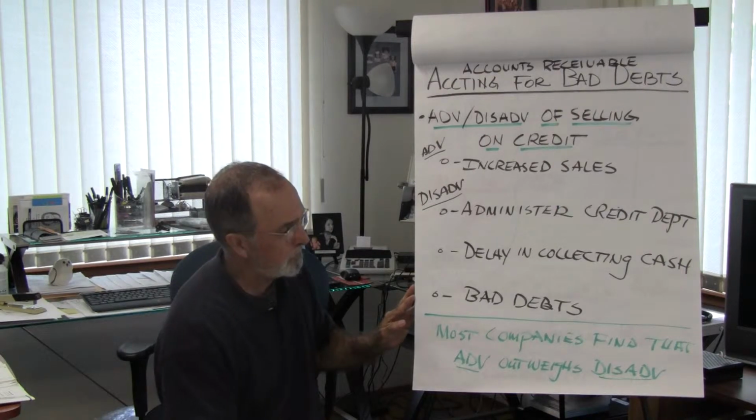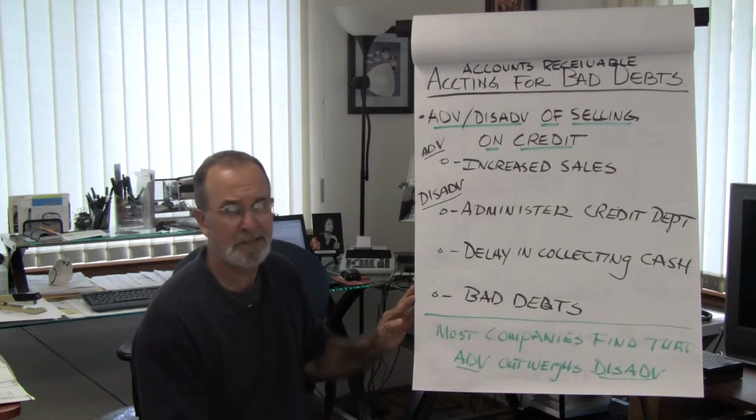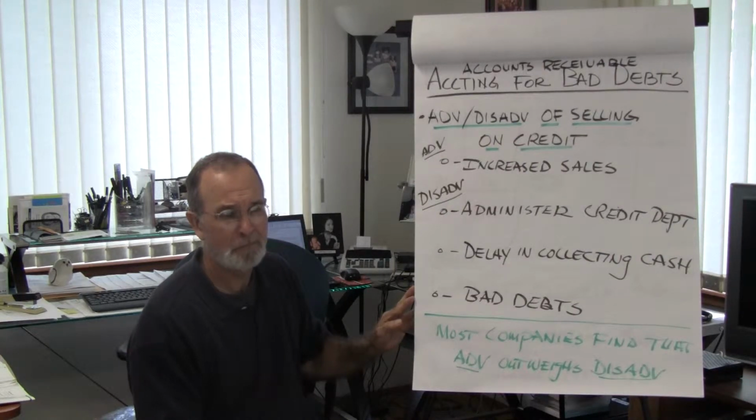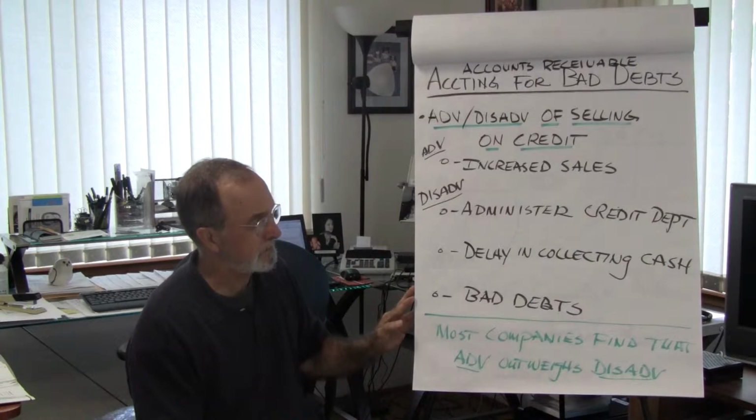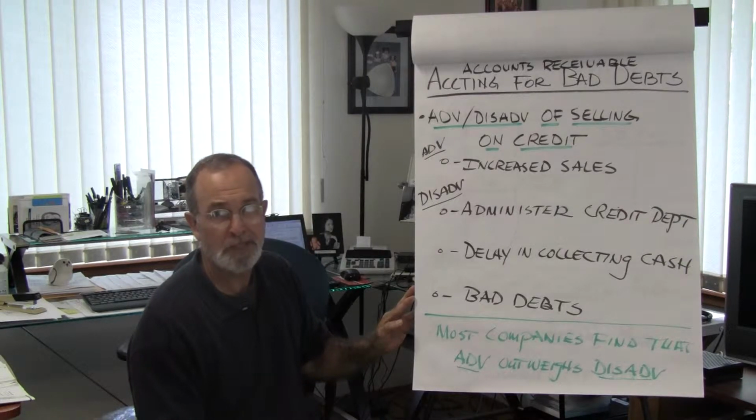And probably the biggest disadvantage, and pretty much a fact of life for companies that offer credit, especially large companies, is that there will be bad debts. There will be some accounts, some sales that will go uncollected.